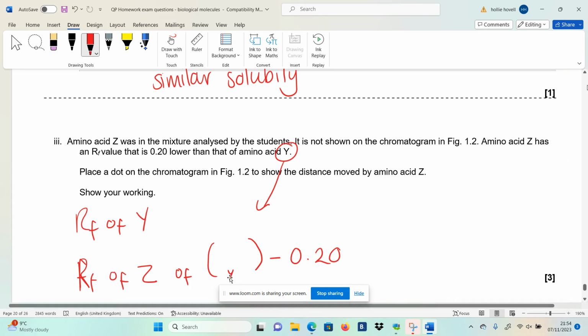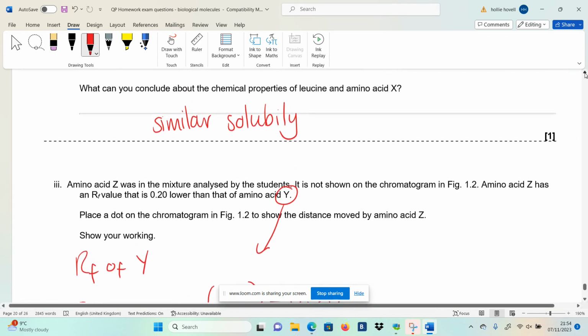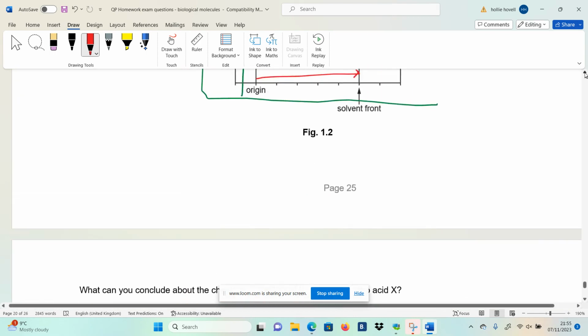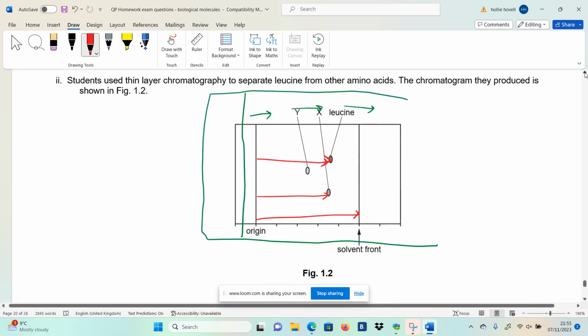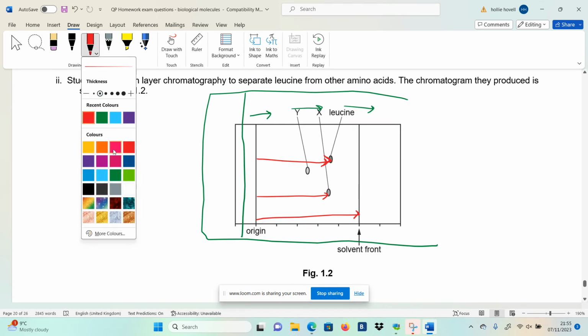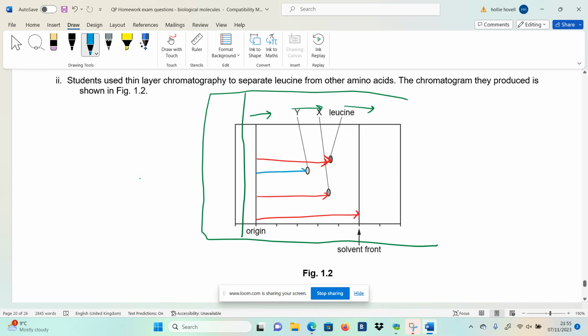So how far did the solute move divided by how far the solvent moved? So you needed to measure this question. Let's do another colour. First of all, on your paper, please make sure you've measured the distance from the origin to the middle of that dot and the distance from the origin up to the solvent front there. And you should have a number for that and a number for that.